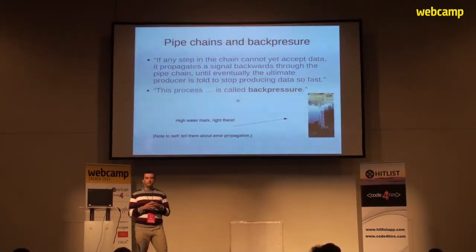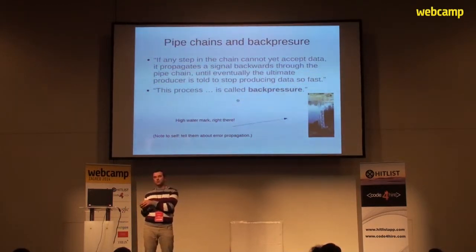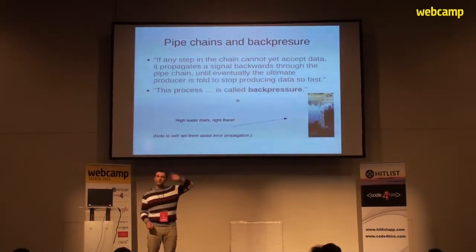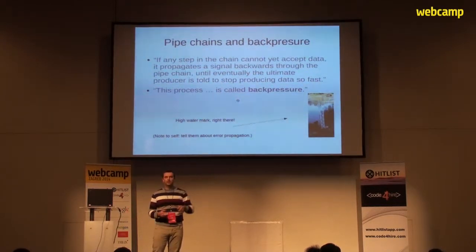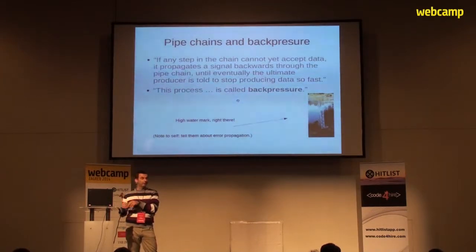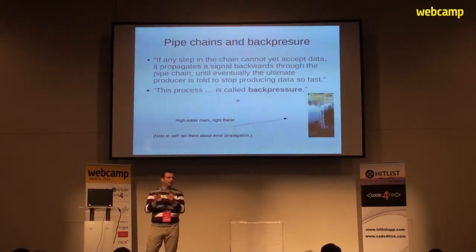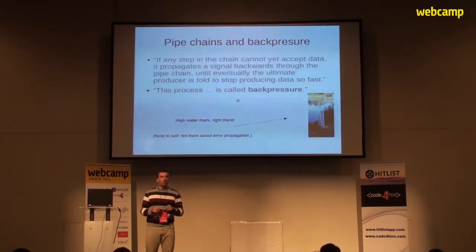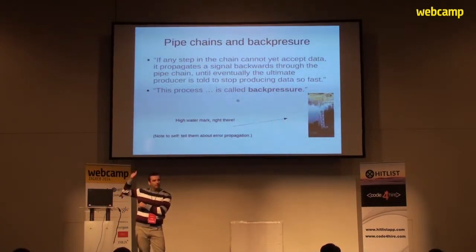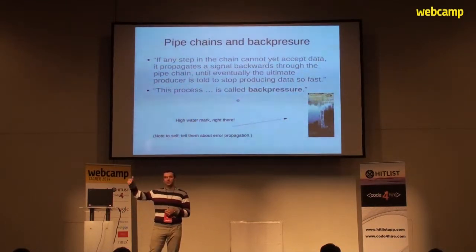So there's a thing called backpressure. You should be able to say, okay, I can propagate errors all the way back. I can tell the transform stream, the guy ahead of me, I'm done, I'm dying, don't send me any more data. And then he'll tell another upstream stream, and so on until that underlying source of data.